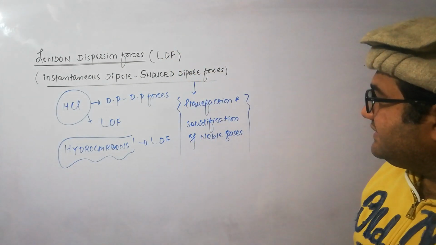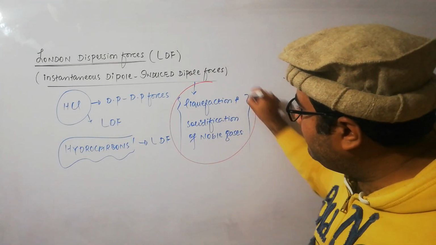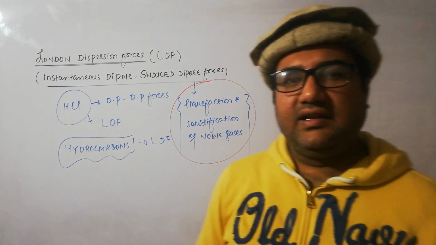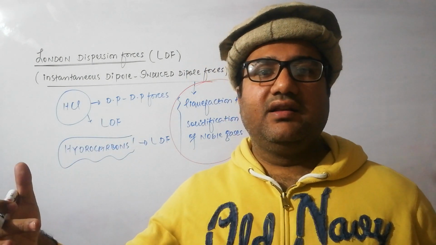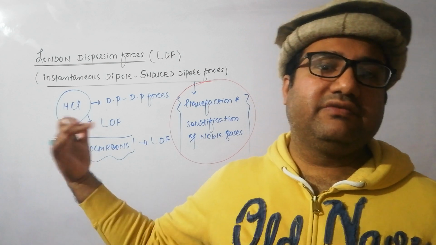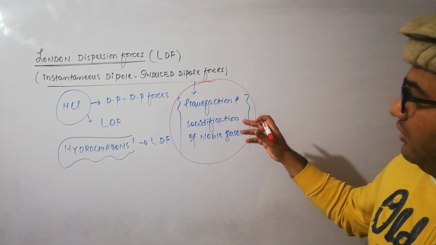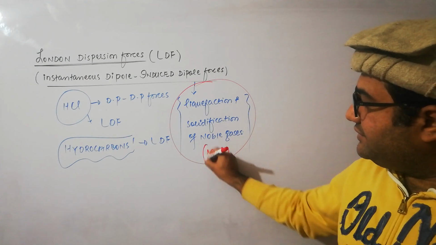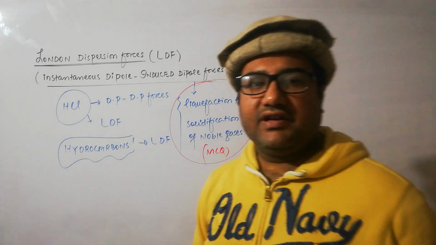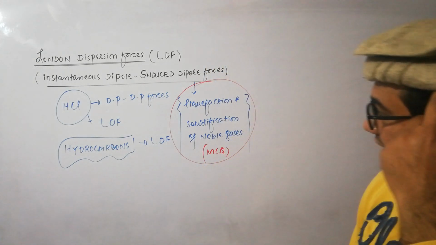If the noble gases can be liquefied or solidified, it simply means that there are some intermolecular forces present in them. And that was the idea that became the reason for the study of the London dispersion forces by Fritz London. Now, an MCQ is asked from here: what are the forces which are responsible for the liquefaction and solidification of the noble gases? So that is the London dispersion force.